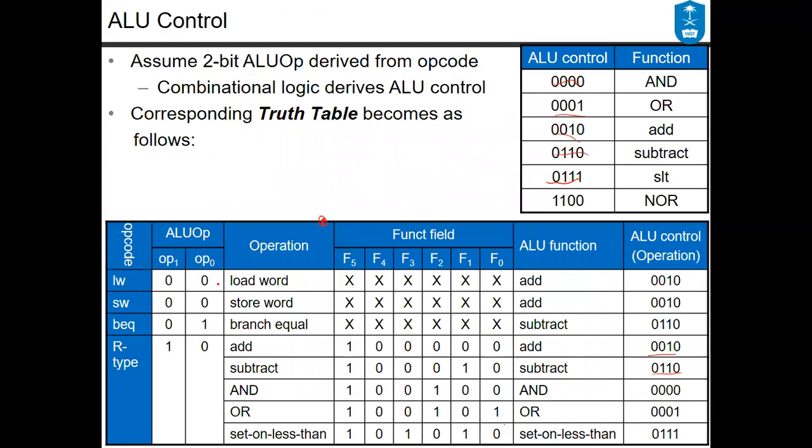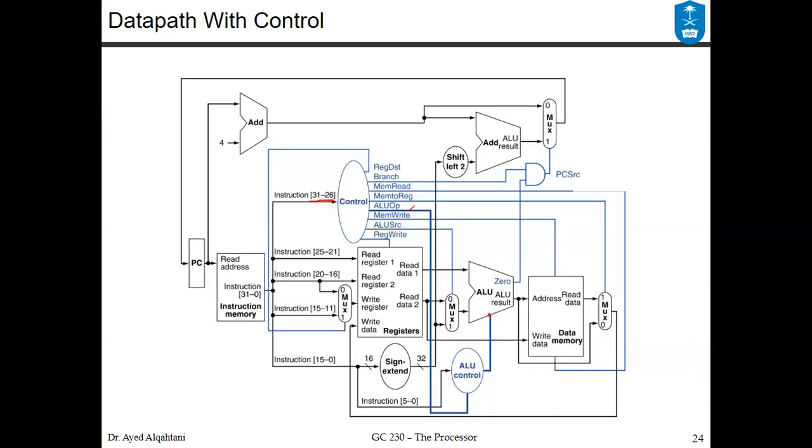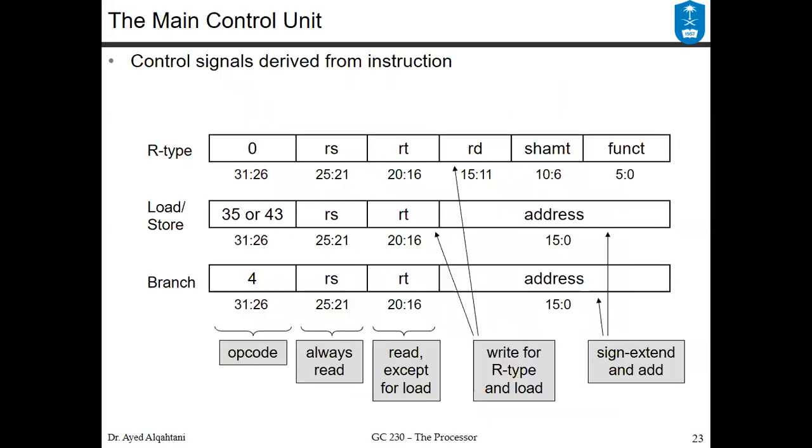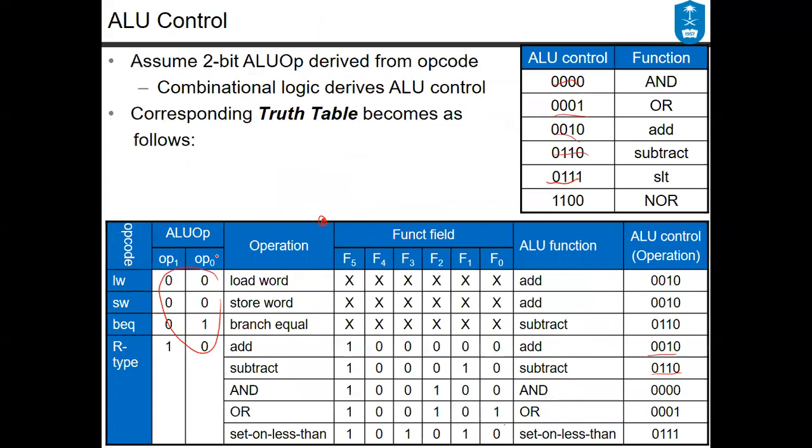So it has the 2 ops coming from the control. First, the control gets the opcode, the 6 bits, and from that it gives you as an output 2 bits, the ALU op 0 and the ALU op 1.